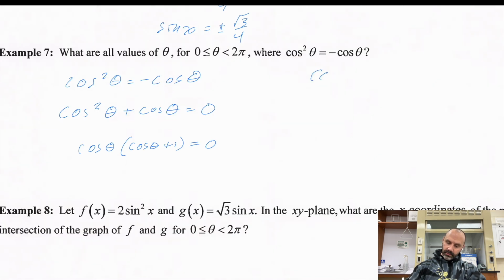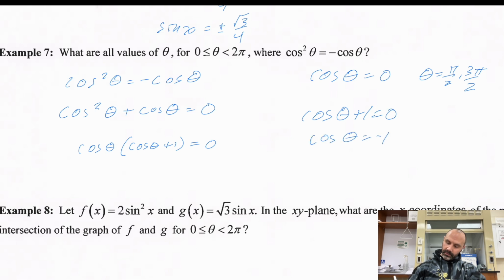And then cosine of theta equals 0 when theta equals pi over 2 and 3 pi over 2. And then cosine of theta plus 1 equals 0 when cosine of theta equals negative 1. And that happens when theta is equal to pi. So those are all my solutions for that.